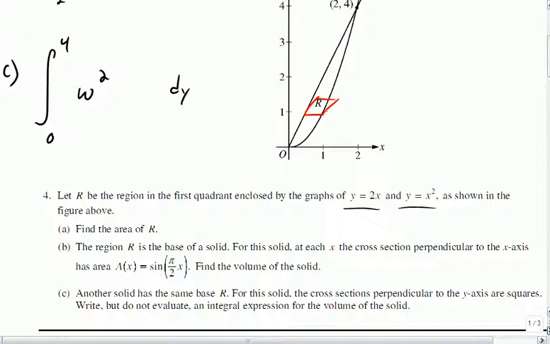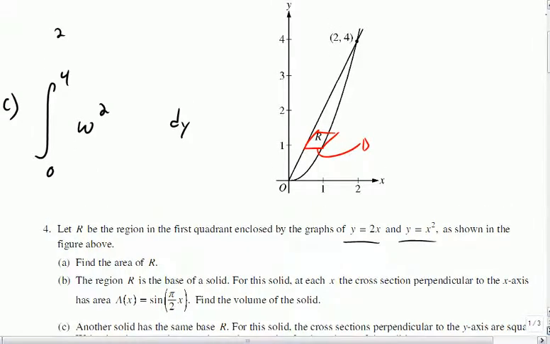So can anybody tell me the side length of one of these squares that exists in here? Jake says 2x minus x squared. You guys agree?